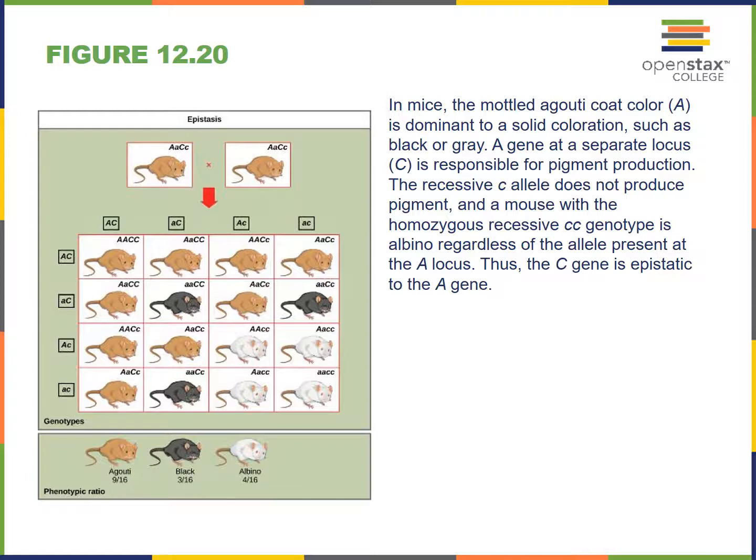Okay, so this is the last figure I'm going to go over, and it's explaining the concept of epistasis. Epistasis means that one gene affects the expression of another gene.